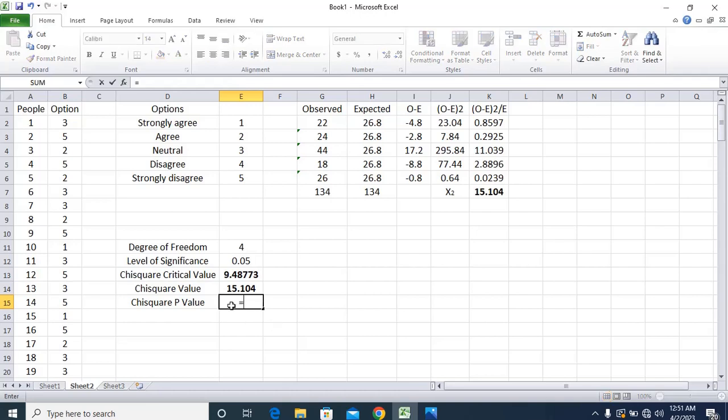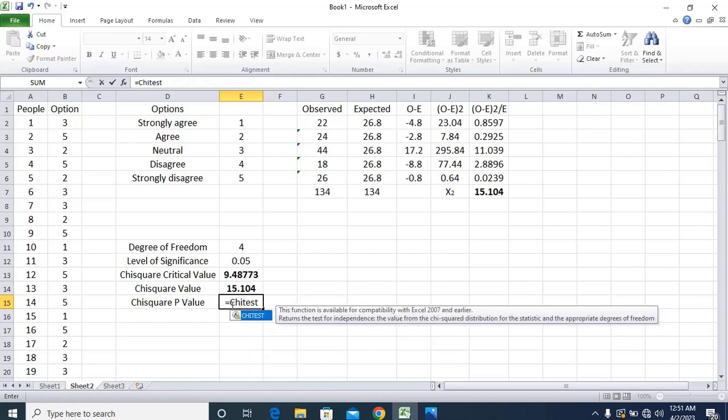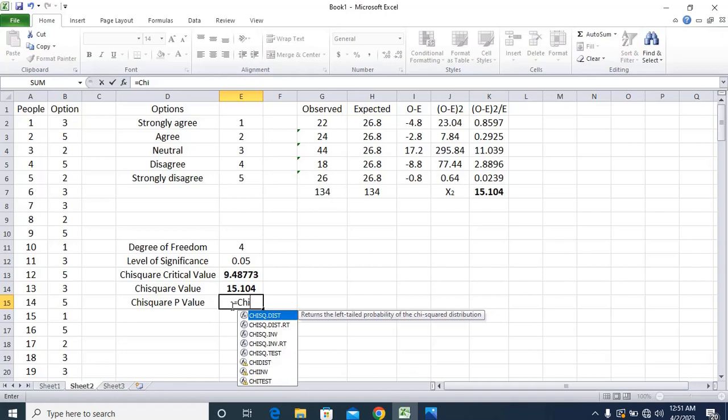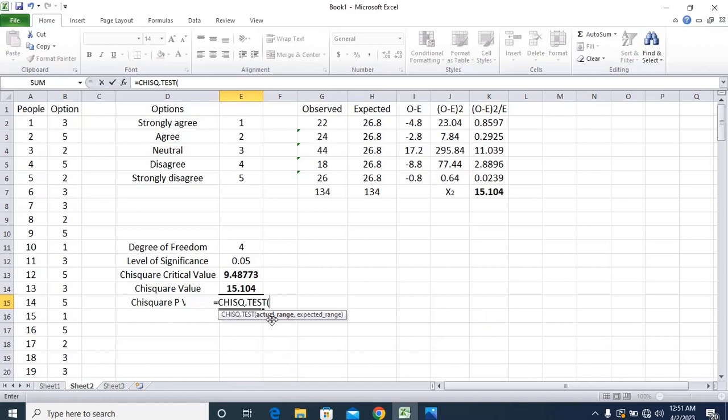This can be found with the help of a formula function, that is CHISQ.TEST. This is the chi-square test. It can calculate the actual range versus the expected range. The actual range is the observed frequencies, and expected is this one. So we will close the bracket and press enter.